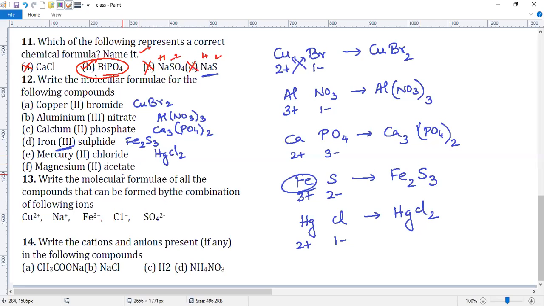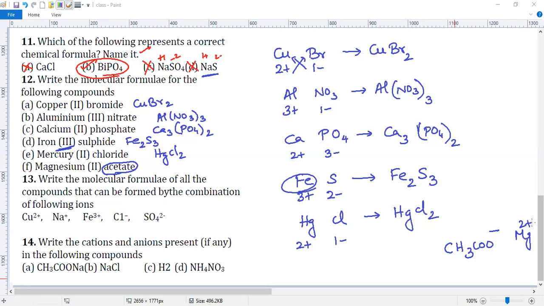The last one is magnesium acetate. For this question, if you have not found out the answer, it is fine because in your text they have not mentioned acetate. For your 9th standard level, you do not have the word acetate. Acetate is nothing but CH3COO minus. Magnesium Mg2+ is going to react with this.